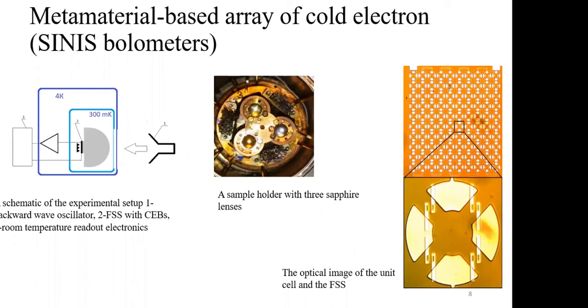This design, we design it in 2 types, numerically and experimentally. Numerically it was by CST, and experimentally it was based on a cryogenic system, as you see here, at different temperatures in Kelvin, also some readout system.